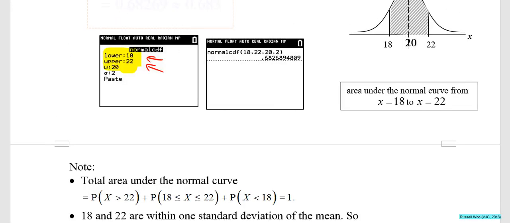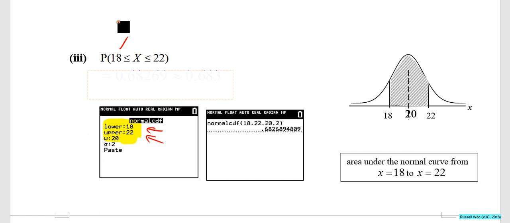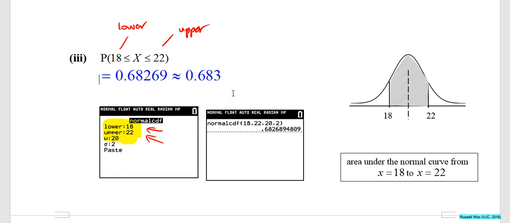You just need to enter this as lower, this as upper. You should be able to get your answer. If you are fast enough, you just quickly enter it in your GC and you will get this answer. Got it? Questions? Easy, right? Good? Okay.